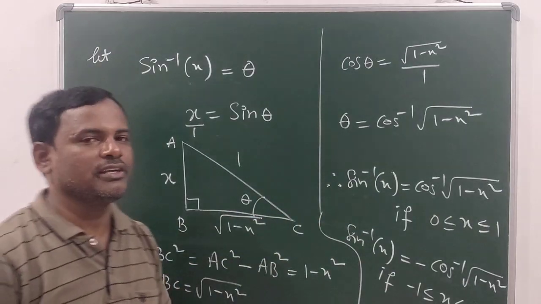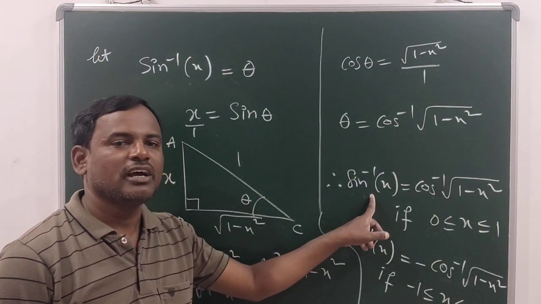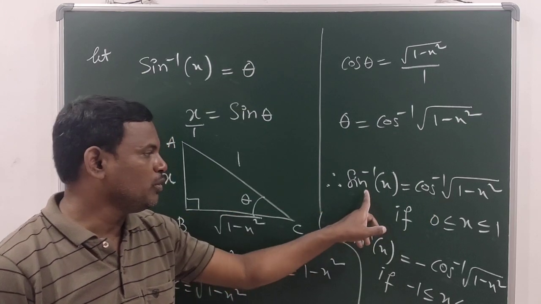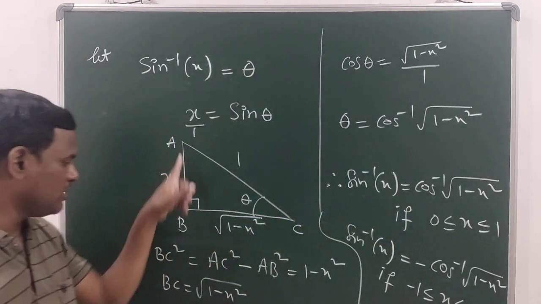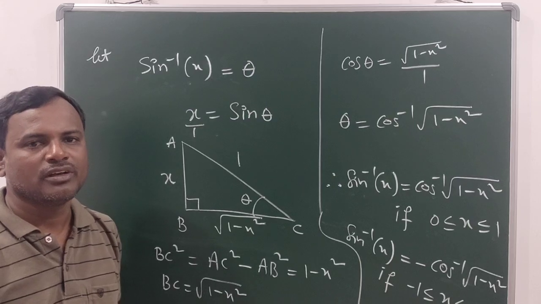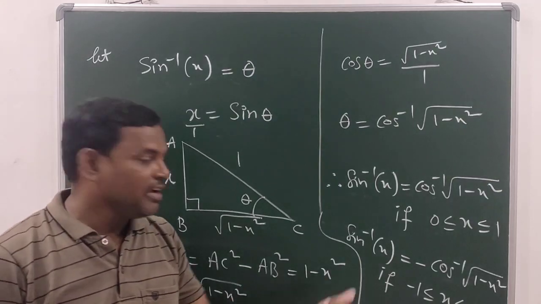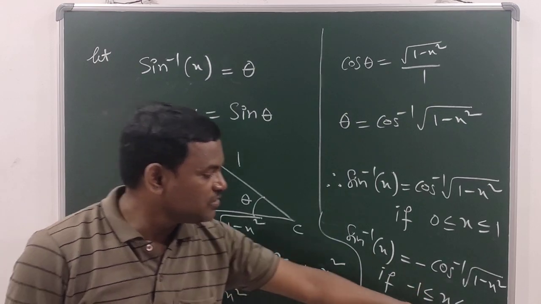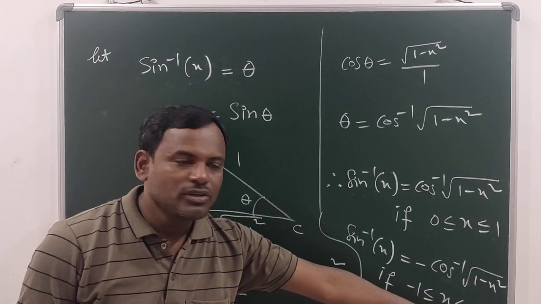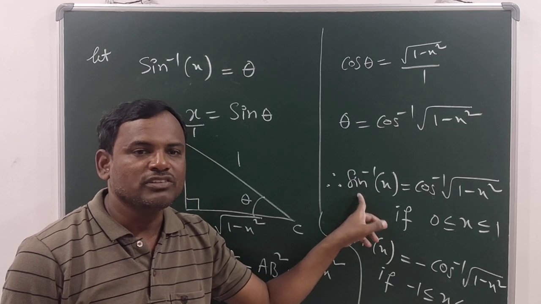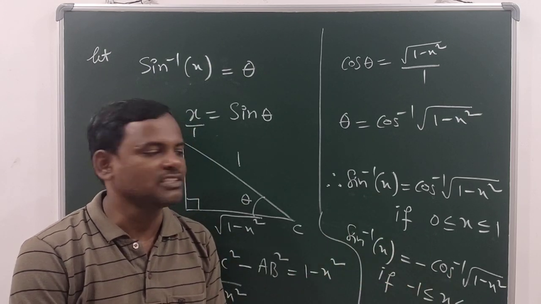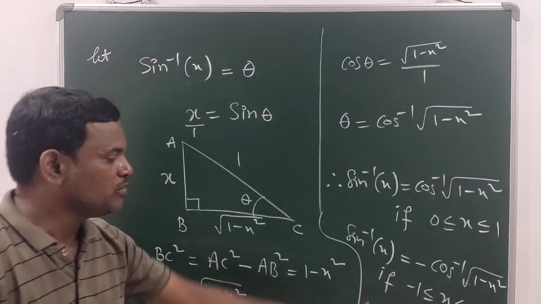Okay, no confusion here. Sin inverse of x I expressed in terms of cos inverse. So you got this is equivalent to this. Suppose x may be negative also, from minus 1 to 0. In this case, sin inverse of x can be written as minus cos inverse of root of 1 minus x square. Observe that.